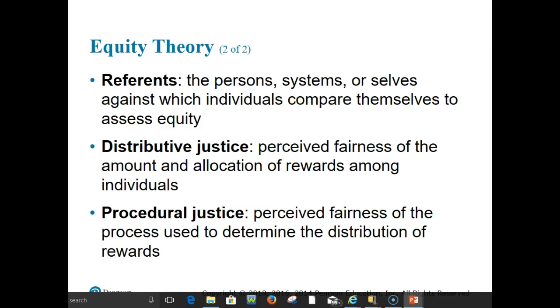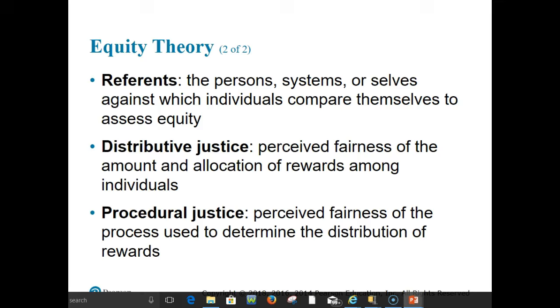So the referent is the persons, systems, or selves against which individuals compare themselves to assess equity. Originally, the equity theory focused on distributive justice, which is the perceived fairness of the amount and allocation of rewards among individuals.